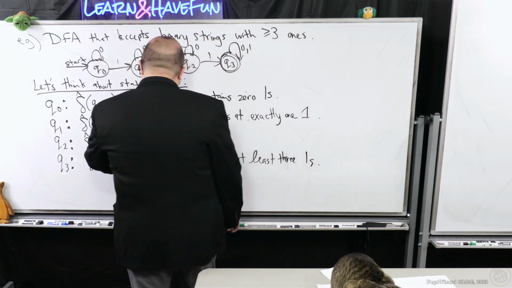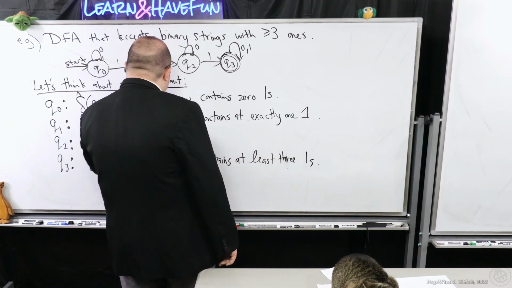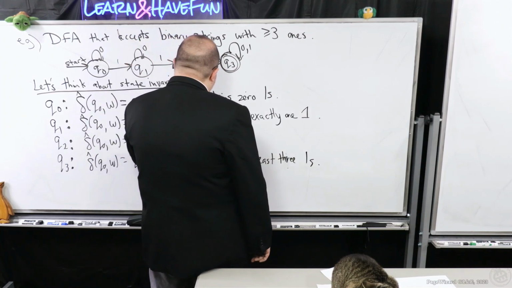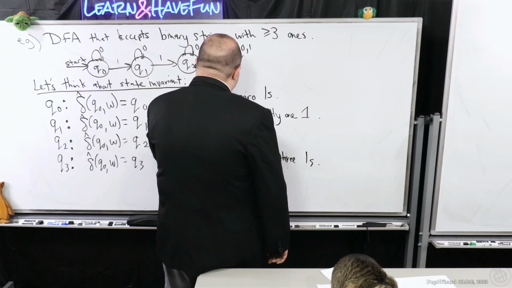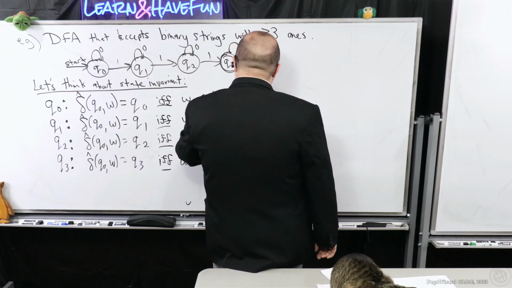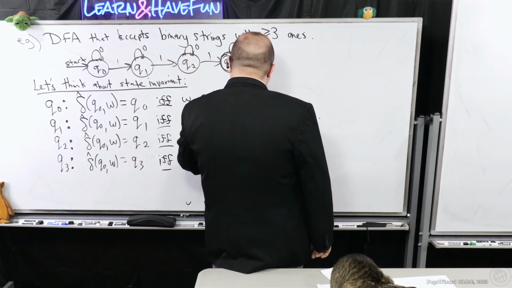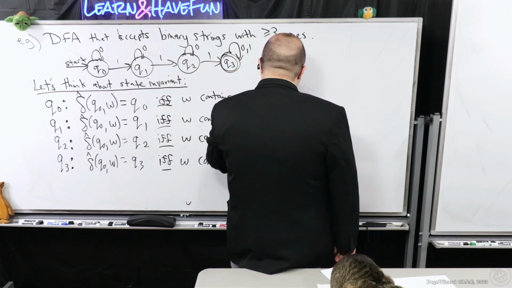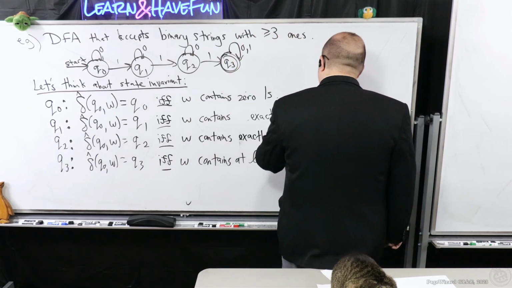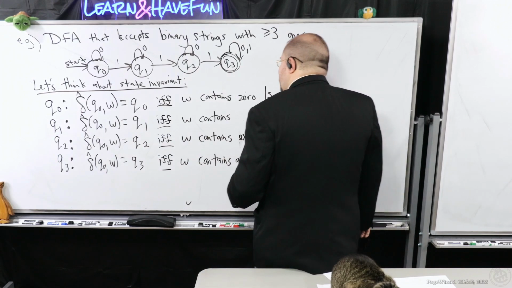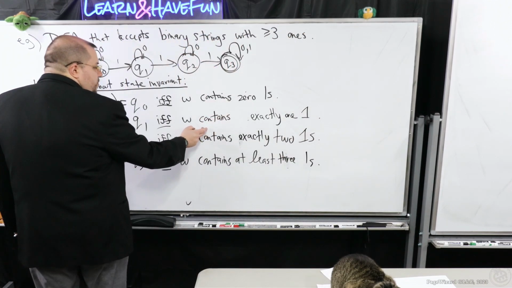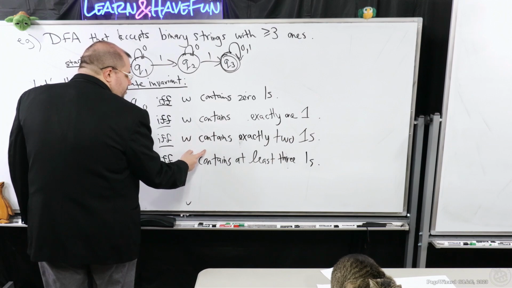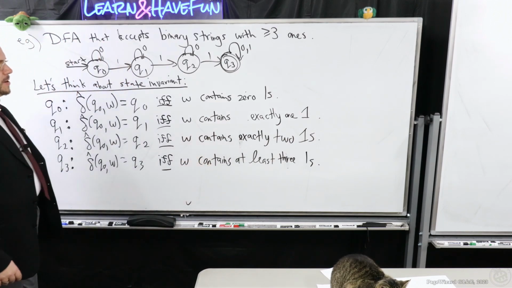Now we can naturally do the same thing with Q2. So W contains, instead of at least, I'll go contains exactly 2 ones. So notice that 0 ones, exactly 1, exactly 2 ones, at least 3 ones, so 3 or more.